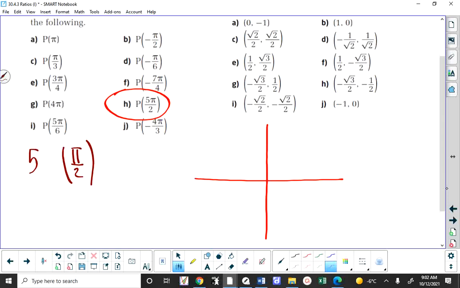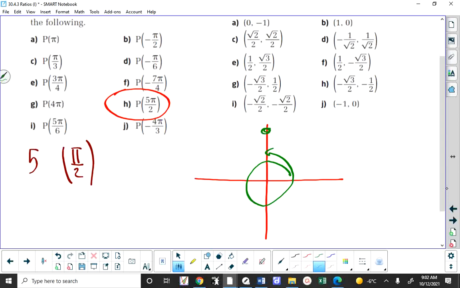So when we look at 5 pi over 2, it's 1, 2, 3, 4, 5 pi over 2 is here. And since I'm doing this on a video, I guess I should indicate that here. This is 1, 2, 3, 4, 5 pi over 2 is this location.